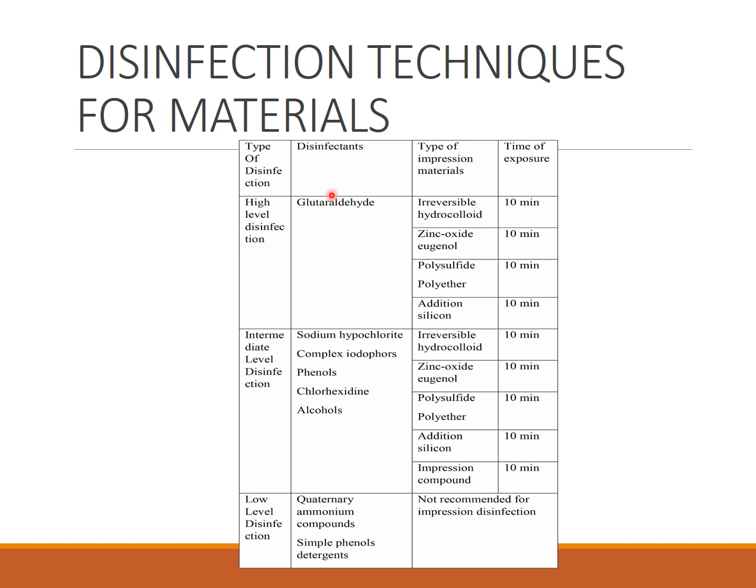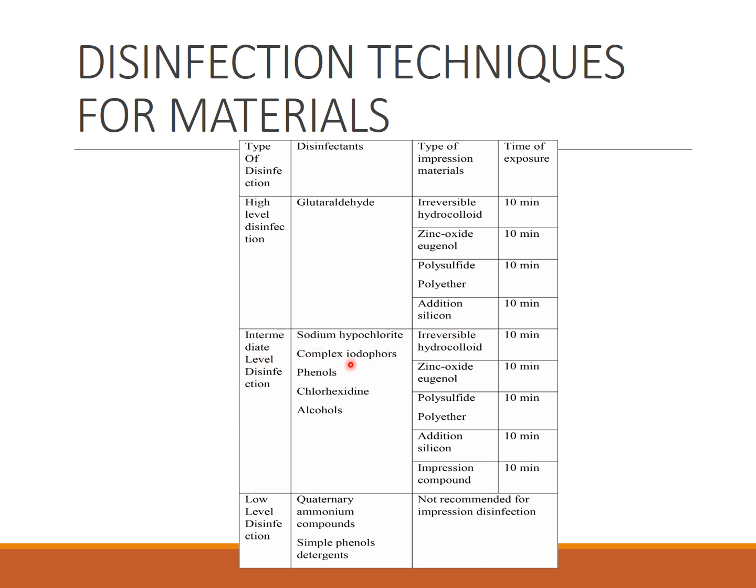The impression materials which can be used here are irreversible hydrocolloids, so alginate, zinc oxide eugenol, polyether, polysulfide; we are not using addition silicone. For 10 minutes, just wash it with water, dry it, spray it with the disinfectant, dry it, and ideally it should be placed in a sealed bag.